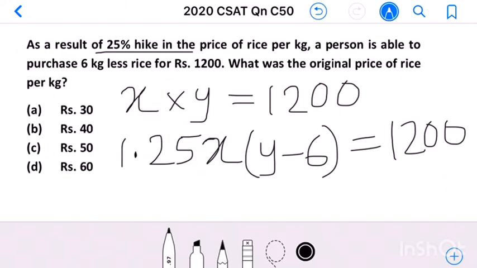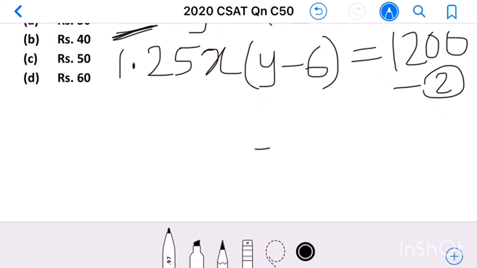Here we have to find the value of X. Here we have two equations and two unknowns, X and Y. So by solving this we can find X. This is equation 1. This is equation 2.